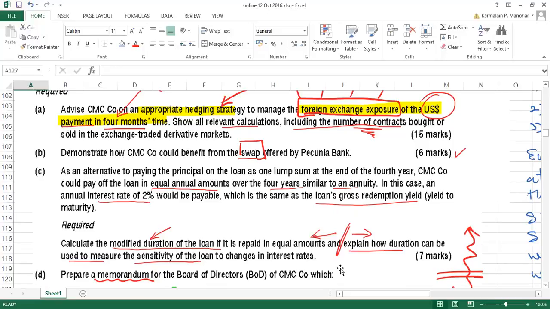Valuation, duration. Where would we find that? So 223 in the manual, and that is Chapter 7A.